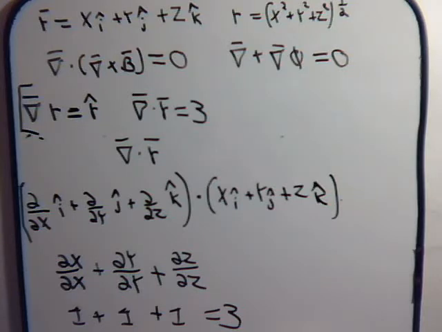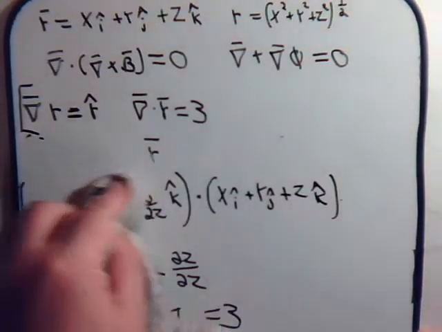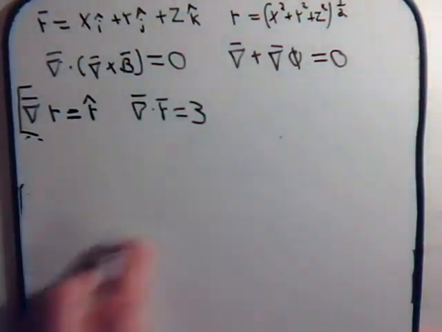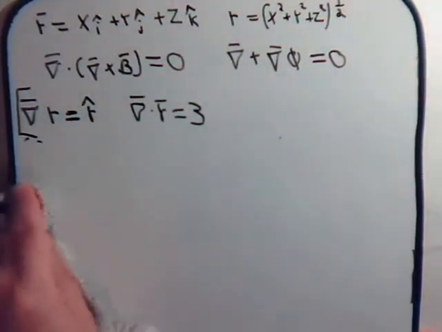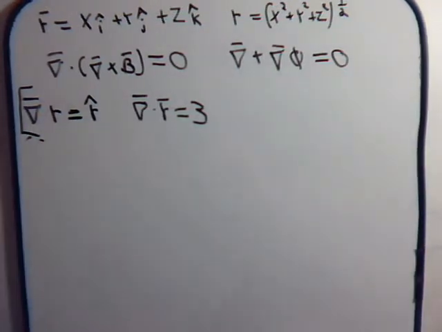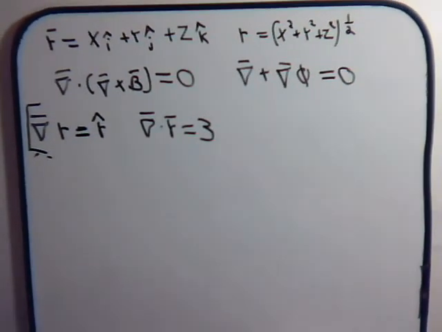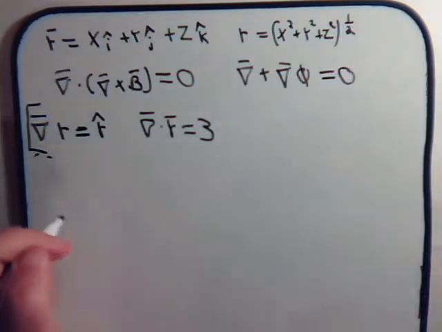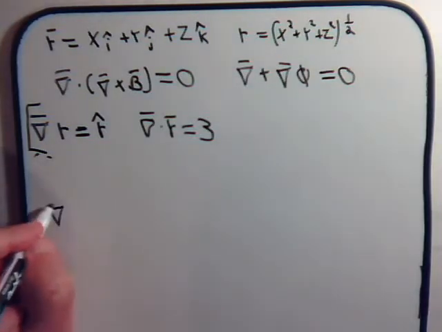Okay, one more thing to consider here. What happens if we take the curl of the position vector? So now we have this.